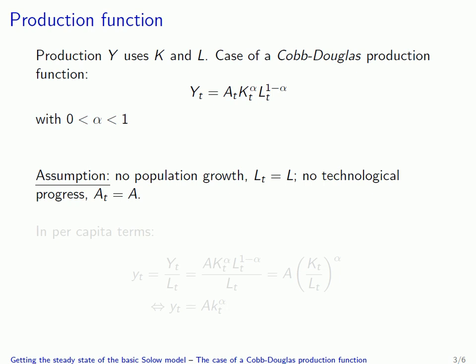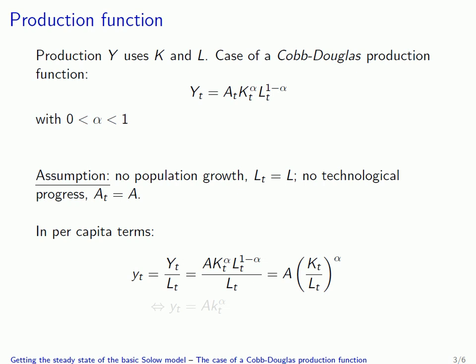The first step, before we actually talk about the steady state, is to rewrite the model in per capita terms. So we want to write small y_t, which is GDP per capita, or income per individual. Small y_t is big Y_t divided by L_t.